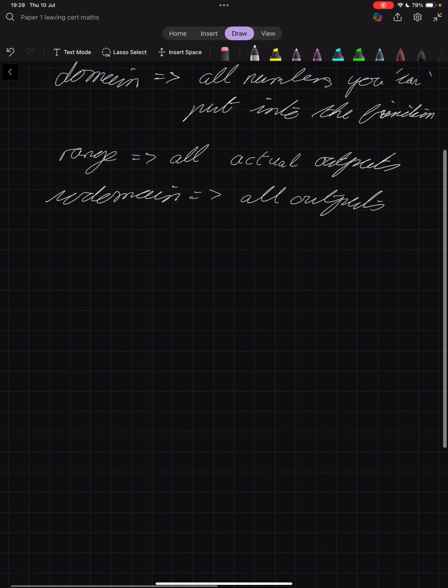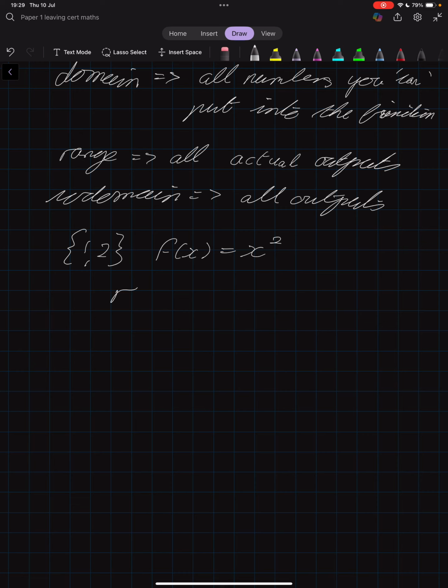So a range is something like, if I say you can only plug in the numbers 1 and 2 into the function f of x equals x squared, then your range is just equal to 1 and 4. So if I plug 1 in and square it, I get 1. If I plug 2 in and square 2, I get 4.